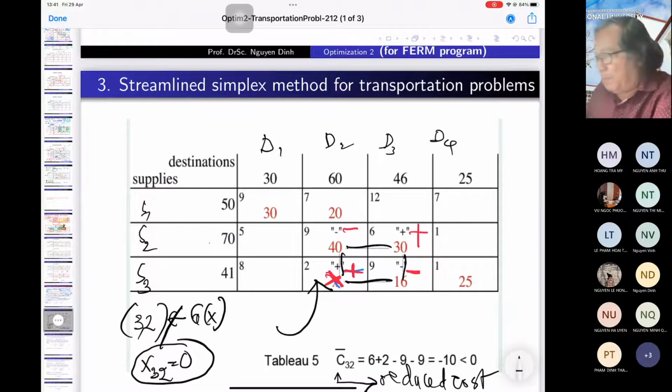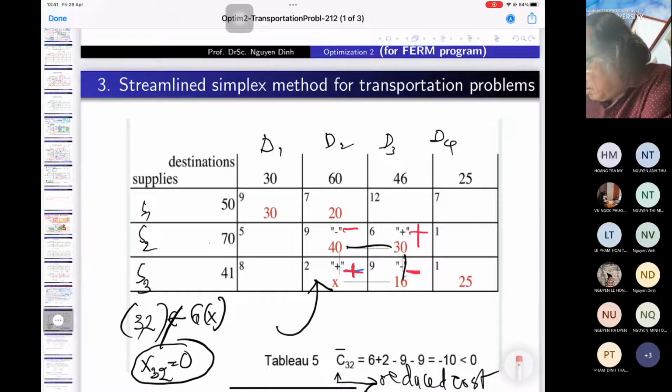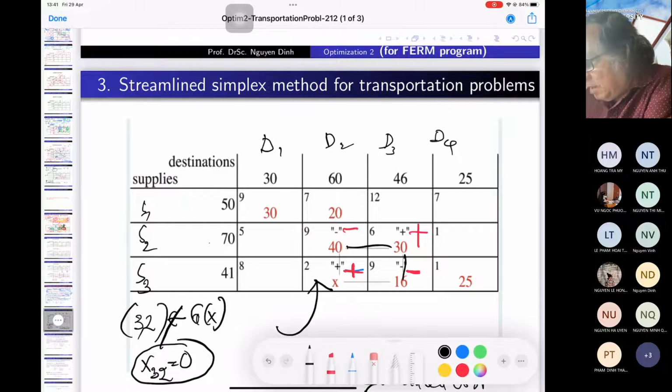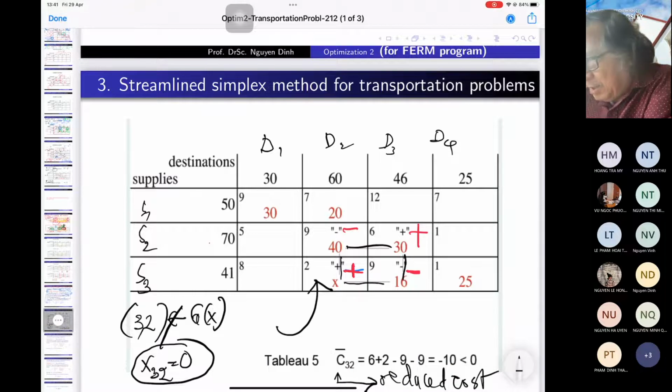We try to imagine this cell. This cell is C bar ij, X32 is 0. Is that okay?